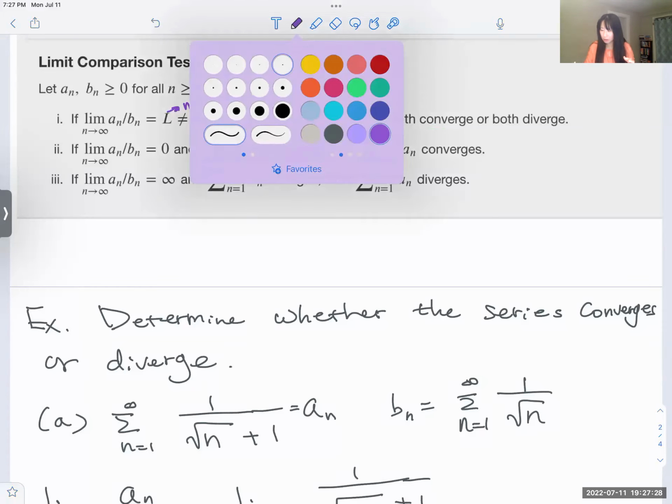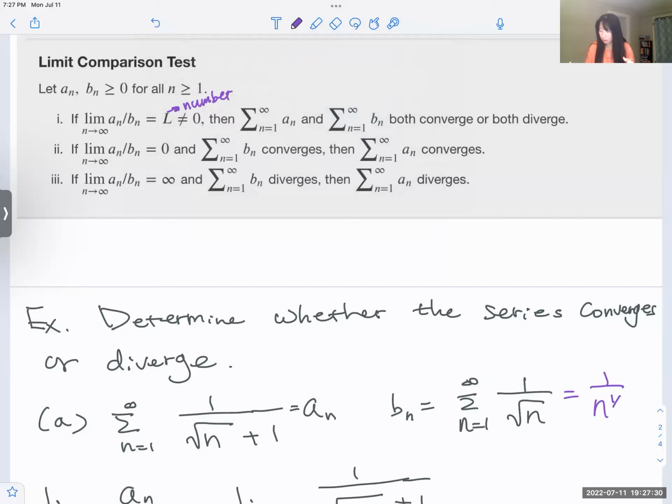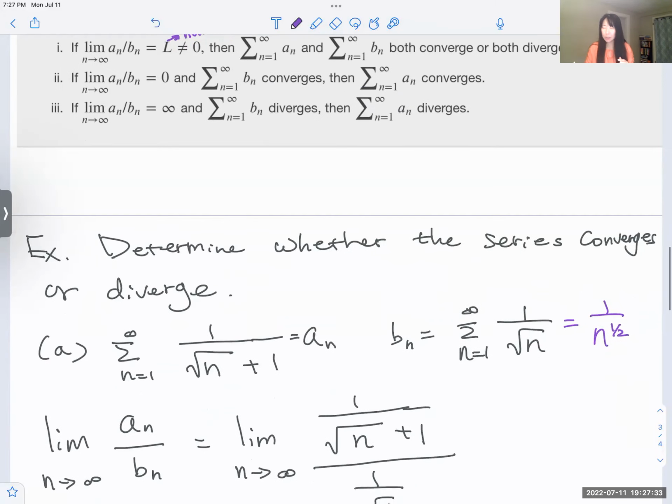Someone said earlier, it's a P series, because P is less than 1. P equal to 1/2 is the last one. Does it converge or diverge? Diverges. Very good, diverges, right? So if B sub n diverges, we can conclude A sub n diverges by the limit comparison test. A little bit confusing, huh?